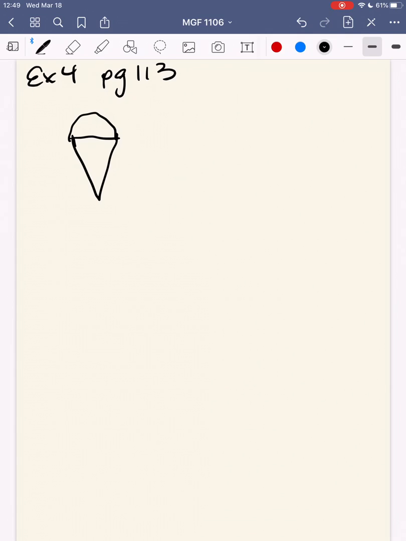So I need to use my formula for the cone part of it, which is still 1/3 pi r squared h. And then I need to use the sphere, which is represented up here.